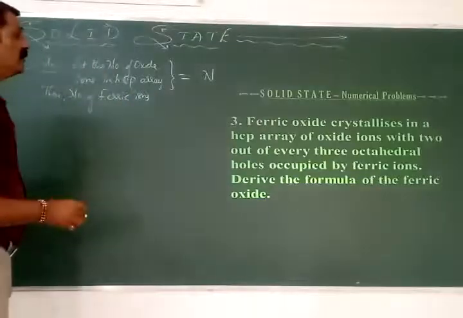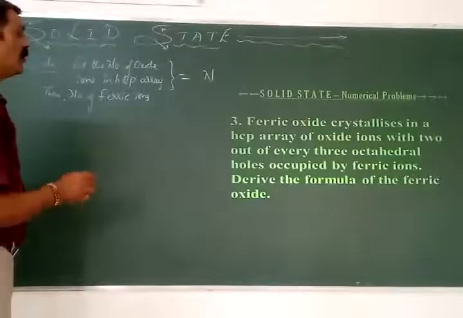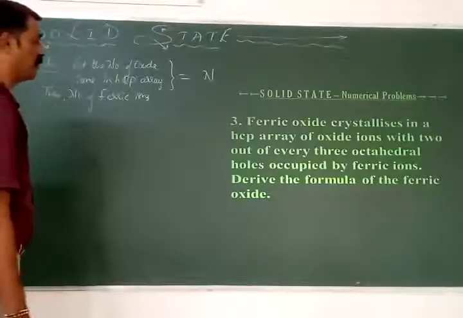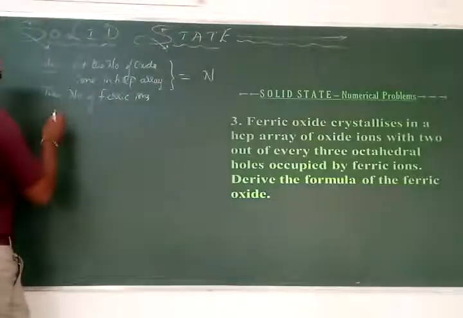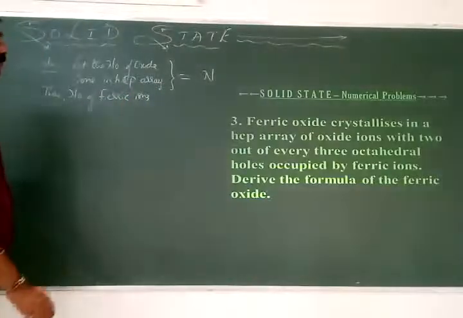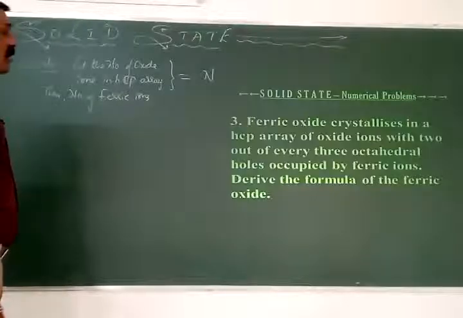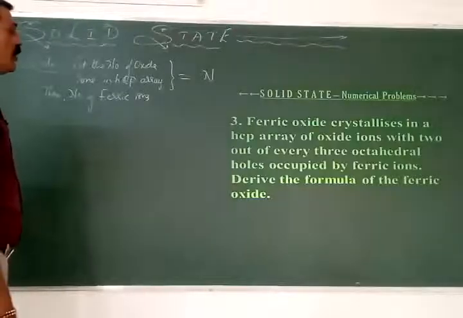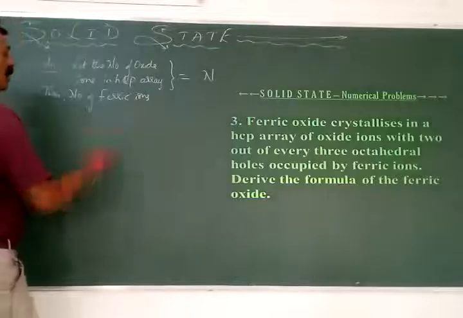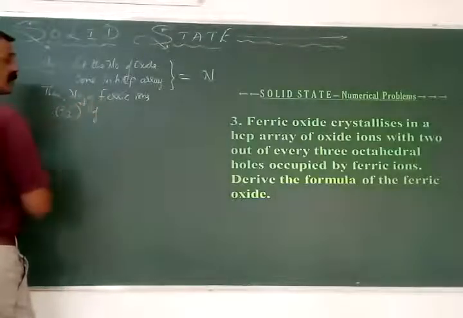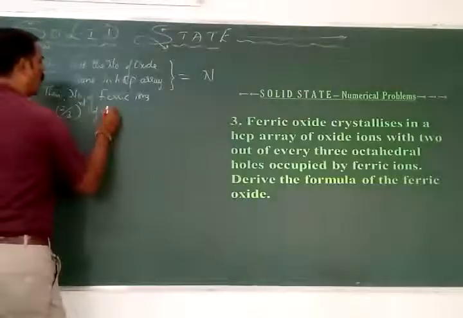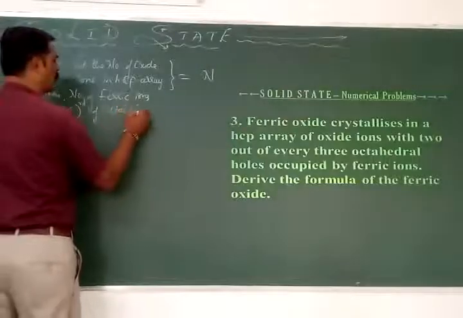With 2 out of every 3 octahedral voids occupied by ferric ions, it is 2/3 of the octahedral voids, or it may be called holes also.